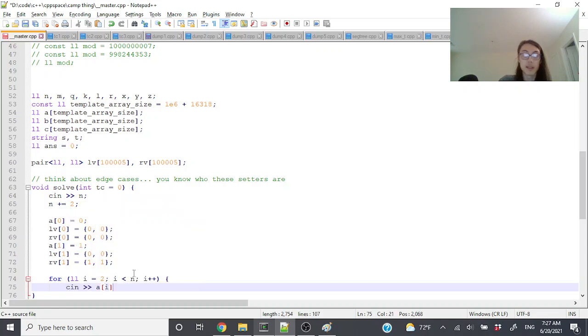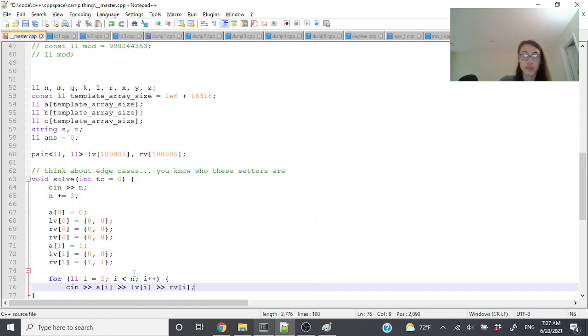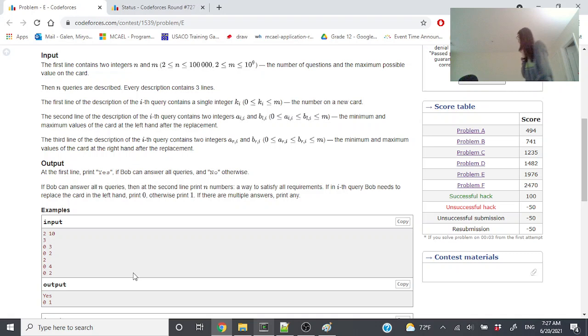C and AI to LVI to RVI. Reducing for suppose we're going to put this down here, and that's going to be the end.